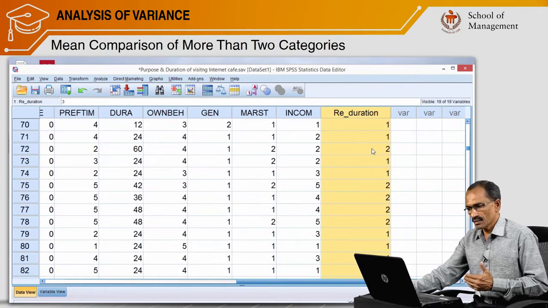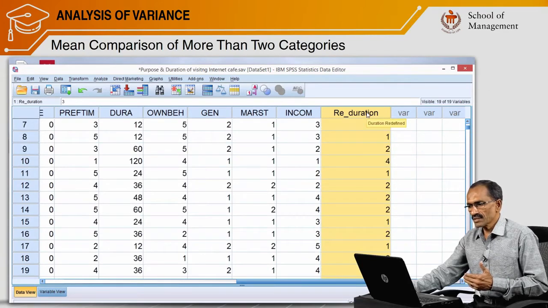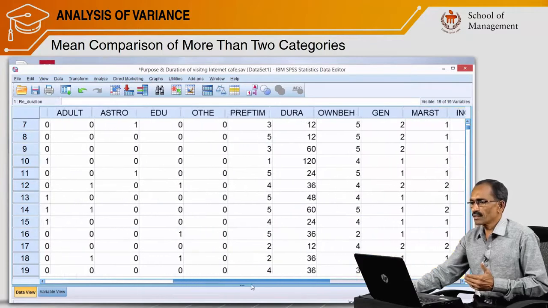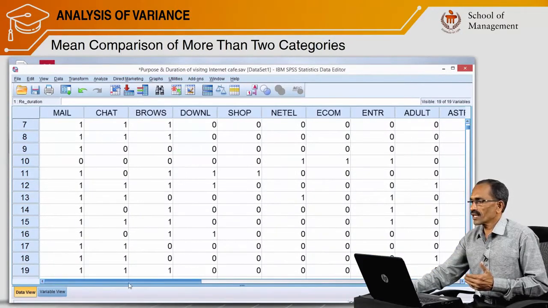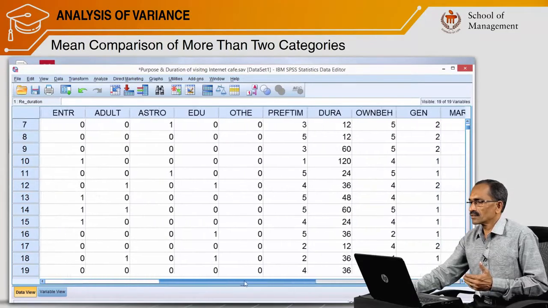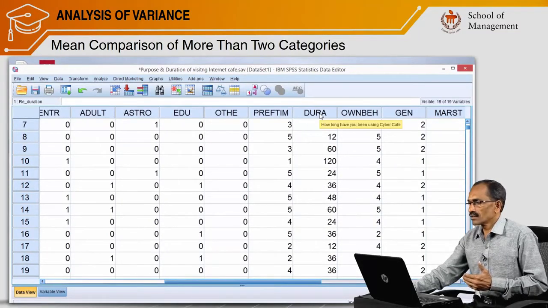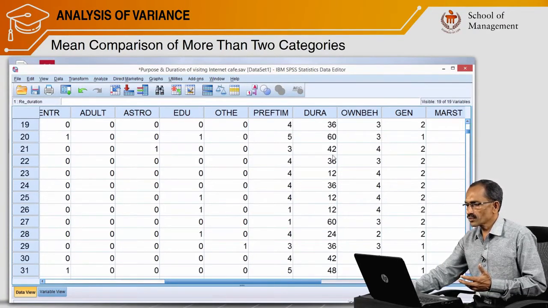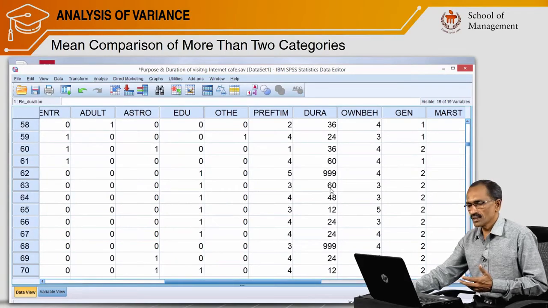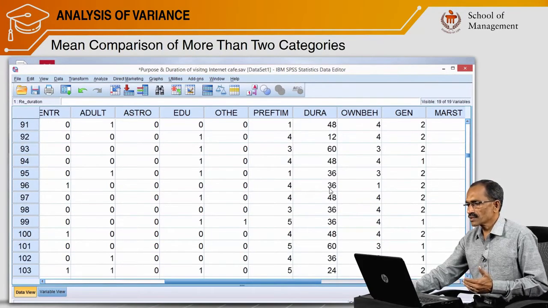We have another question, the same question, here. This duration is how long have you been using the cyber cafe. What we have entered here is 12, 120, and so on. That means the exact value that they have disclosed.